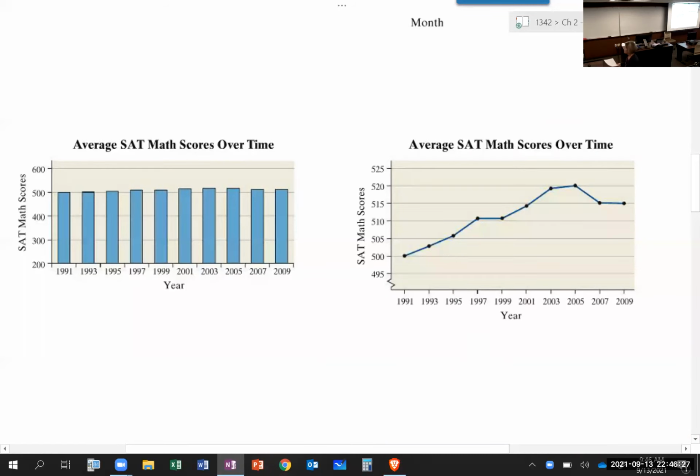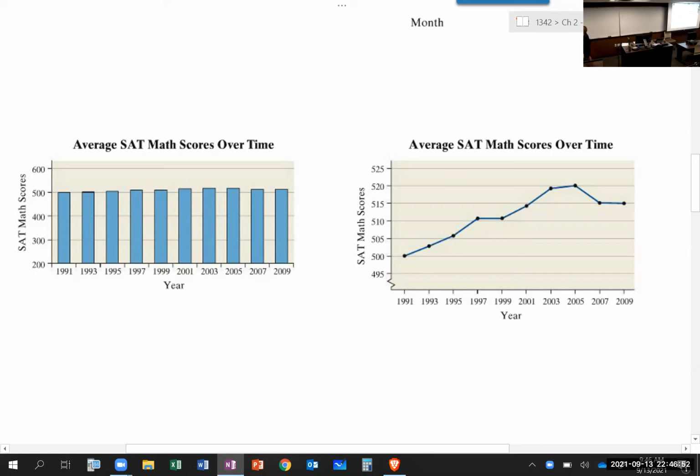And then on the right, which is again our time plot, we are talking about the individual data points. So in other words, when you're doing a time plot, this point right here represents the average SAT score for the year 1991. And then we keep moving on. So each of those data points is the average score for that year. And they're just kind of connecting it.